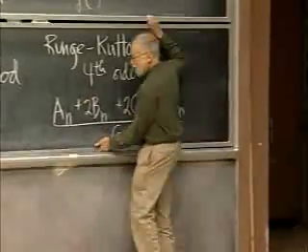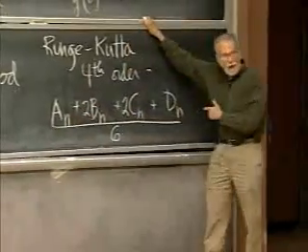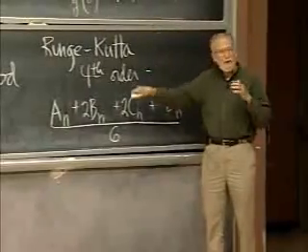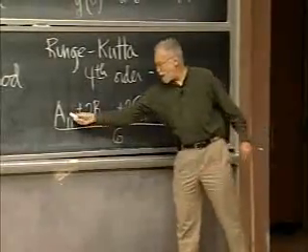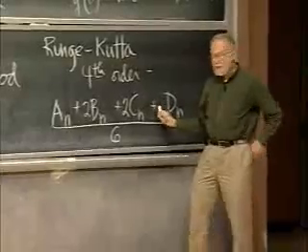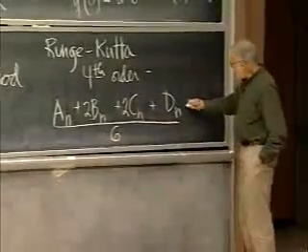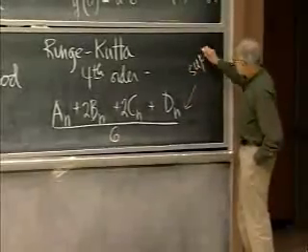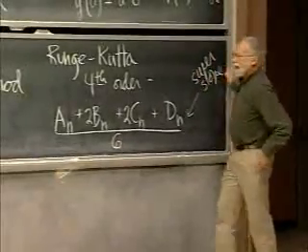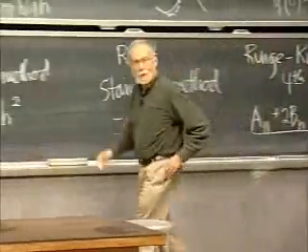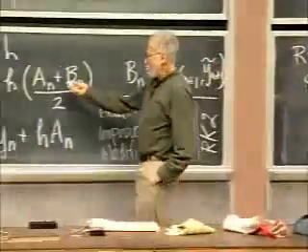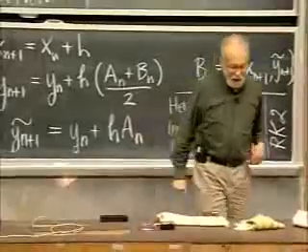Why 6? Because if all these numbers were the same, I'd want it to come out to be whatever that common value was. Therefore, in a weighted average, you must always divide by the sum of the coefficients. So this is the super slope.